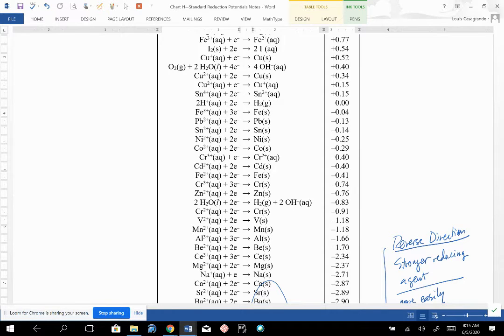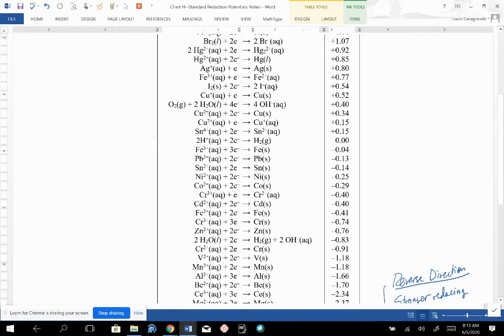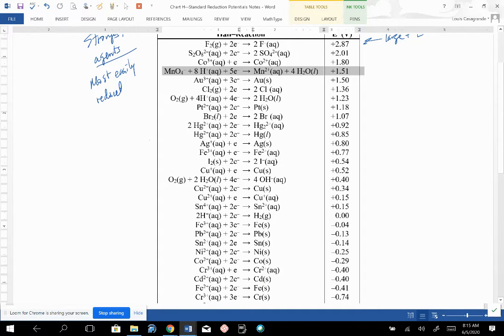And gold 3+ on the left is all the way up near the top. Here it is, gold 3+ near the top. That means it's going to be pretty likely to be the reaction that's the reduction. So fairly easy to reduce gold, a voltage of plus 1.50 volts.